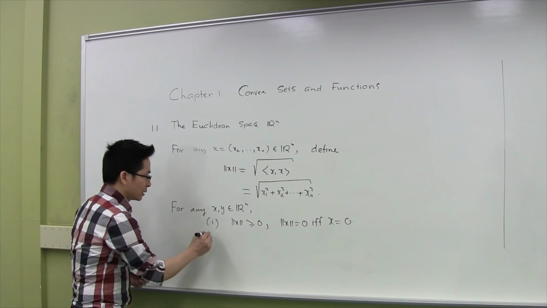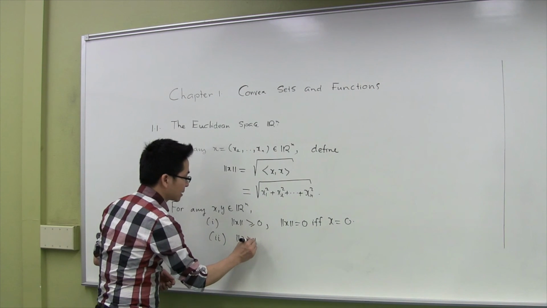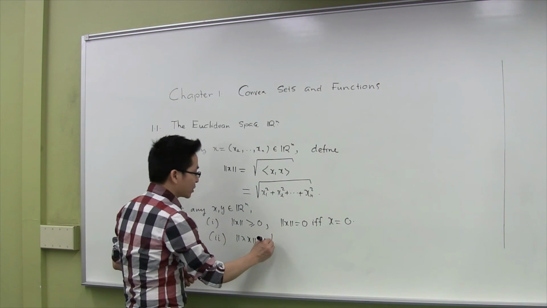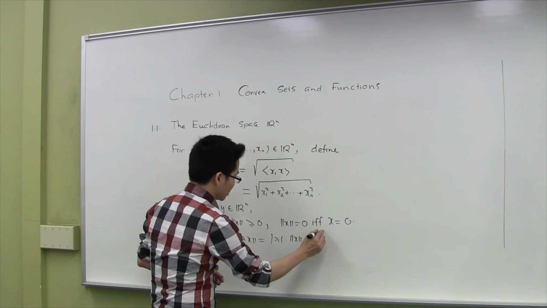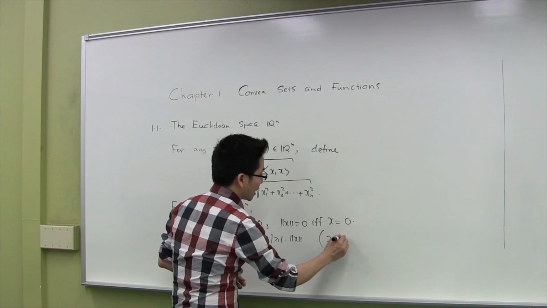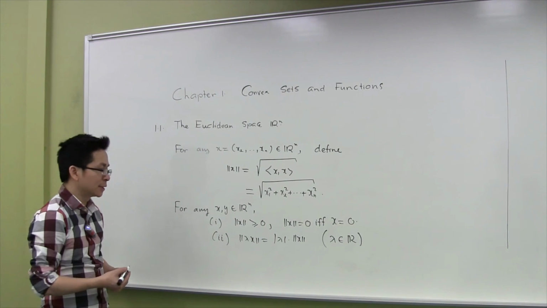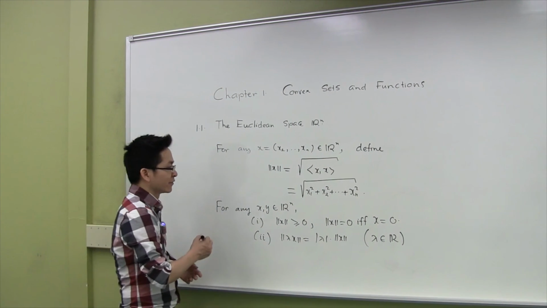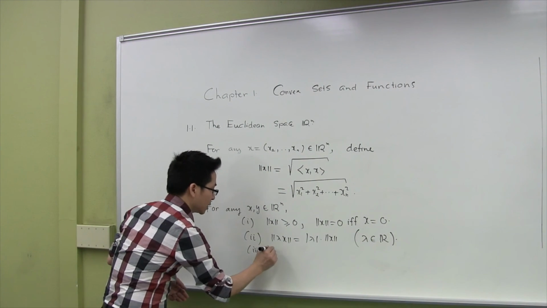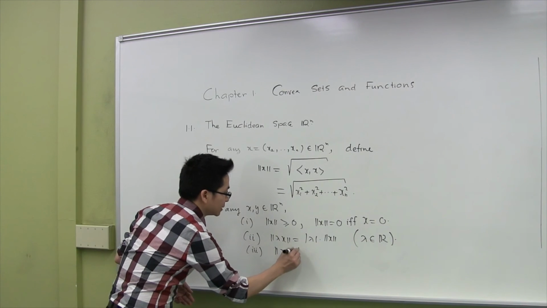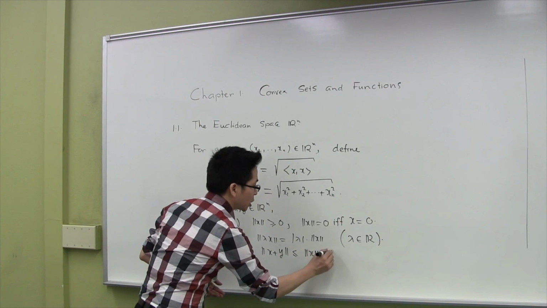And the second property is norm of lambda times x is equal to the absolute value of lambda times the norm of x. This is true for any lambda in R. And we can also see that the triangle inequality is satisfied. That is, norm of x plus y is less than or equal to norm of x plus norm of y.